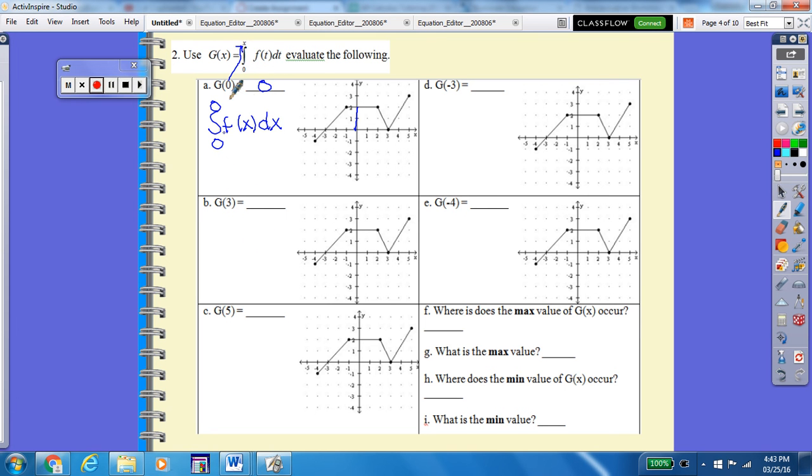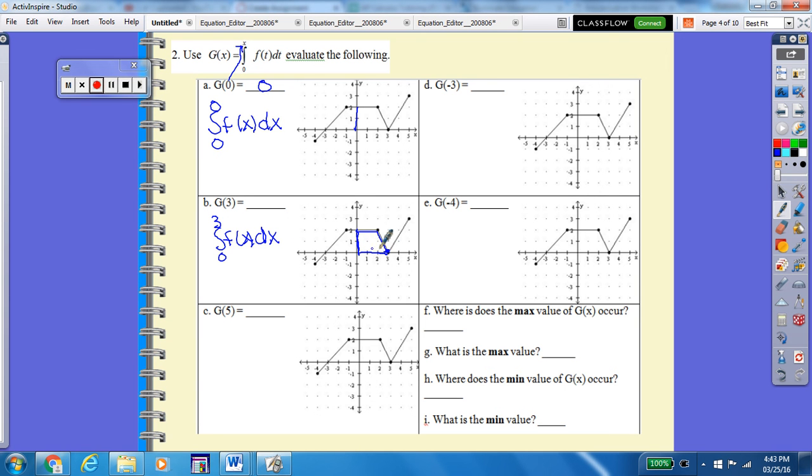G of 3 is going to be the same thing. We're going to take the net area from 0, but this time we're going to move over to 3 of the function f of x dx. So what that means is start at 0, right here, but you need to move to the right all the way to 3. And you need to calculate the area under the curve. I call it curve. Of course it's a line, but it could be a curve. Or under the function f of x.